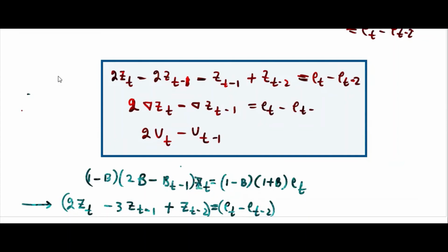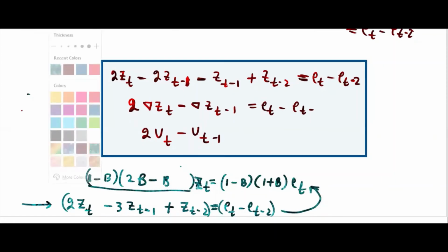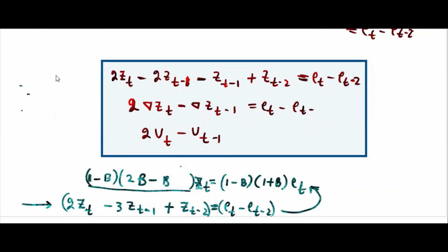This series you have to write this way, because if you multiply these two, you will check that you are getting this 2 z_t here, okay, then 1 minus 2B minus B, 2 minus B, 2 minus B. We'll check this one, not a problem, 2 minus B.